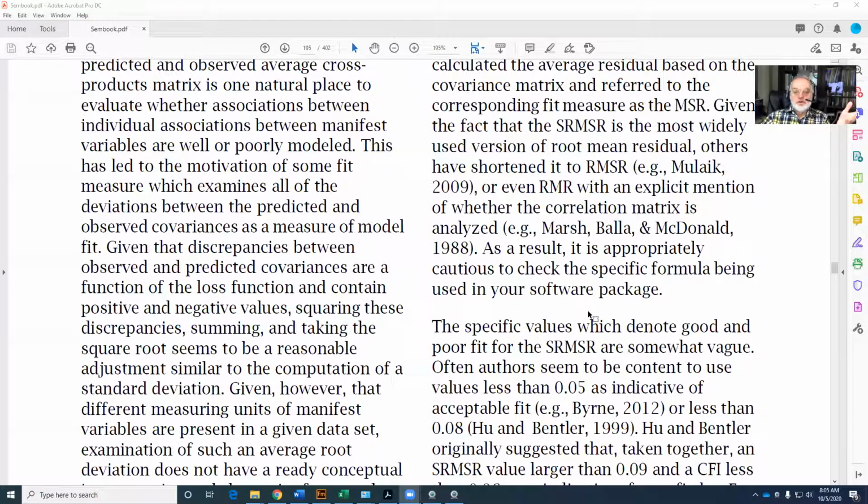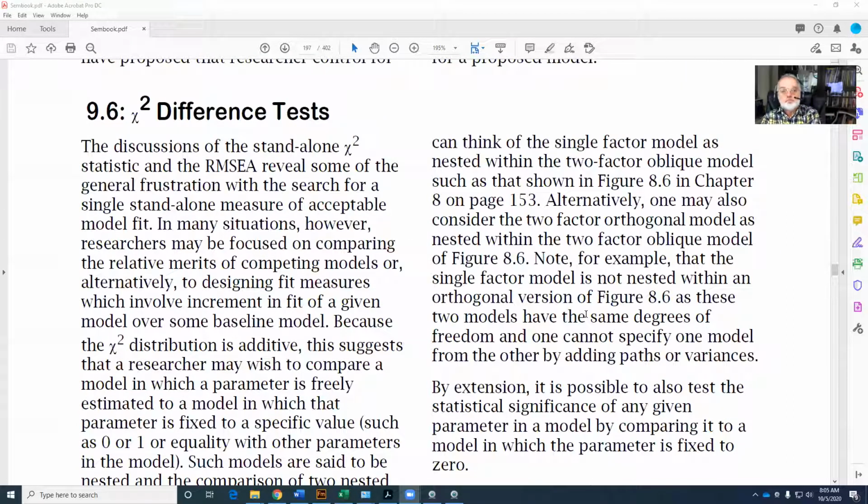So let me tell you a little bit about the history of fit statistics. It used to be that people just used the chi-square statistics. So the early papers that Joreskog and others put out just fit a model and reported the chi-square.